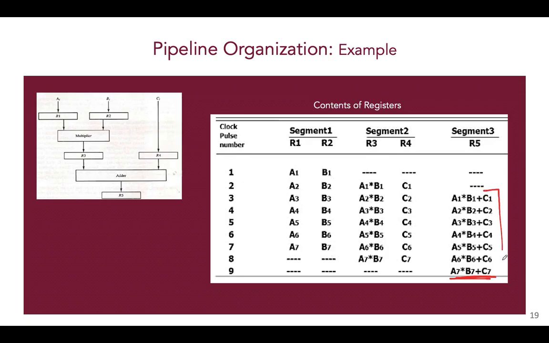And you see all the results can then be directly obtained from the final register, which is your output register, R5. Alright, before moving on, at this point it's important to understand that this specific pipeline that we have designed can only perform one operation, and that is AI into BI plus CI. That is it, because this is specifically designed to perform that operation and that operation alone.